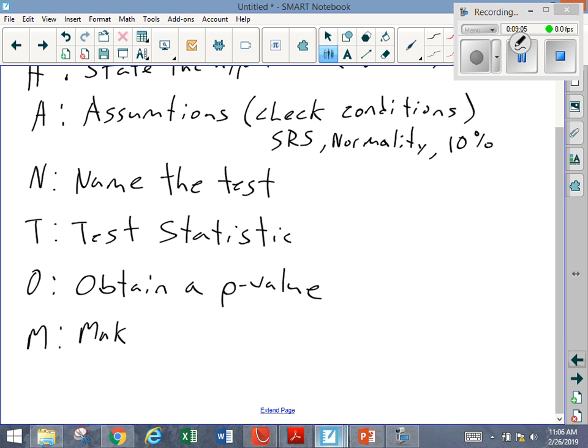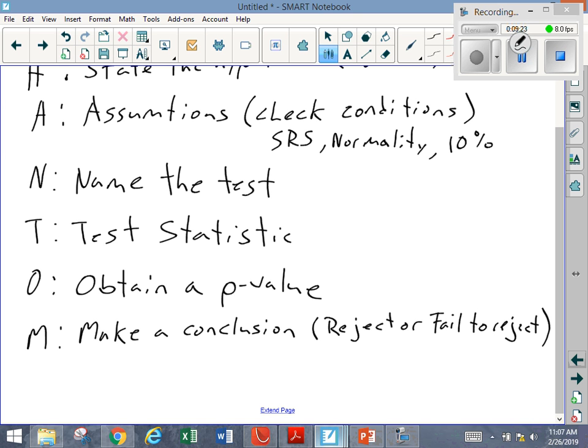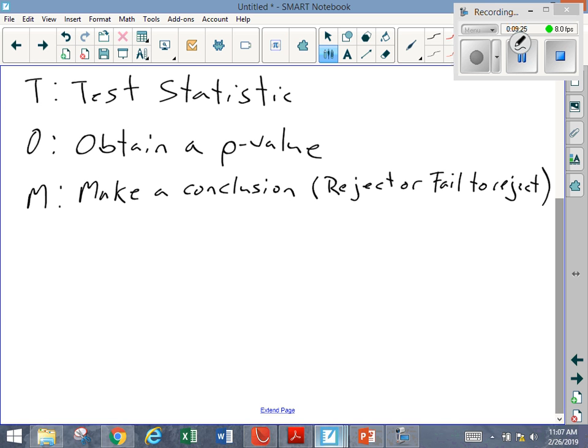In other words, reject or fail to reject the null hypothesis. And the last thing you need to do is state your answer in context.